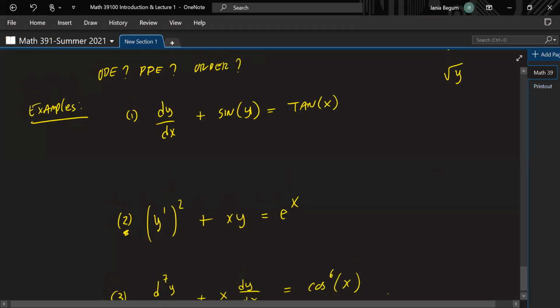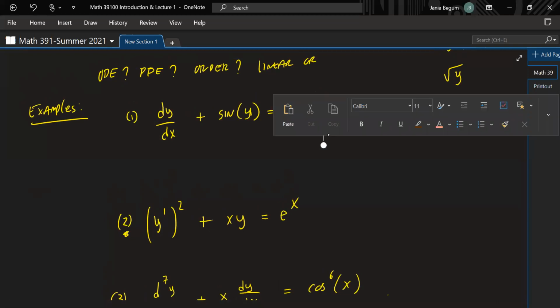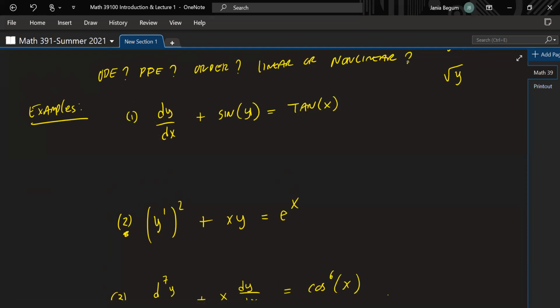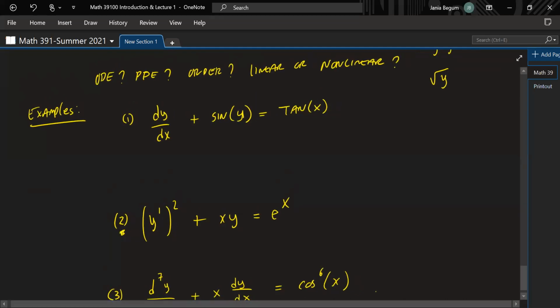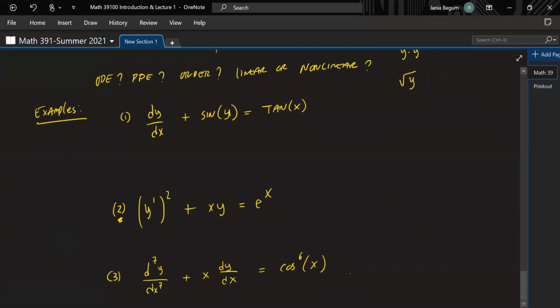And then the last thing you're going to write down, linear or not. If it's linear or nonlinear. So go ahead and do that. I'll give you, say, about a minute, and that should be enough to classify these problems. Just put that on the side.